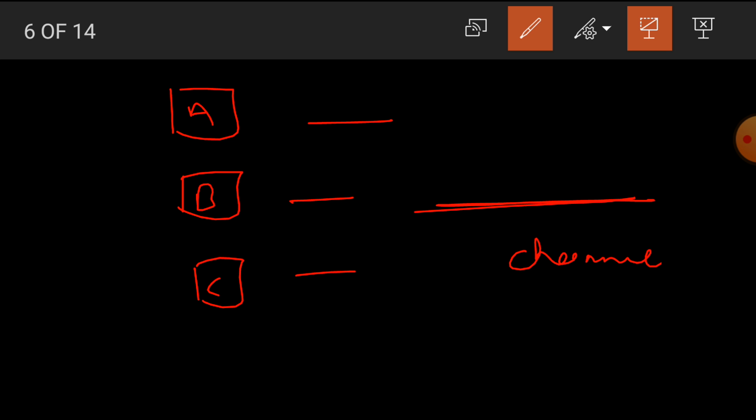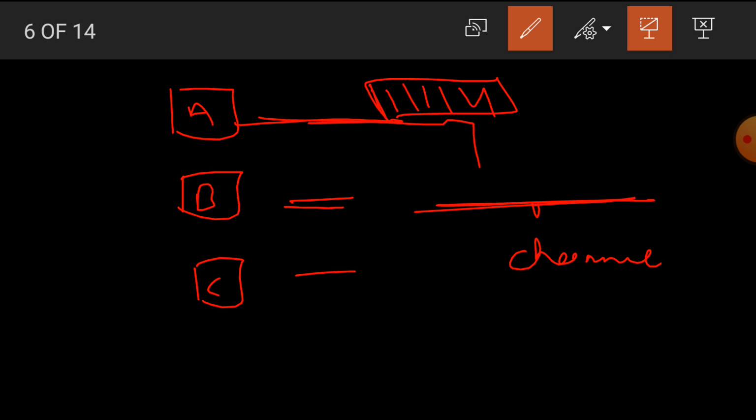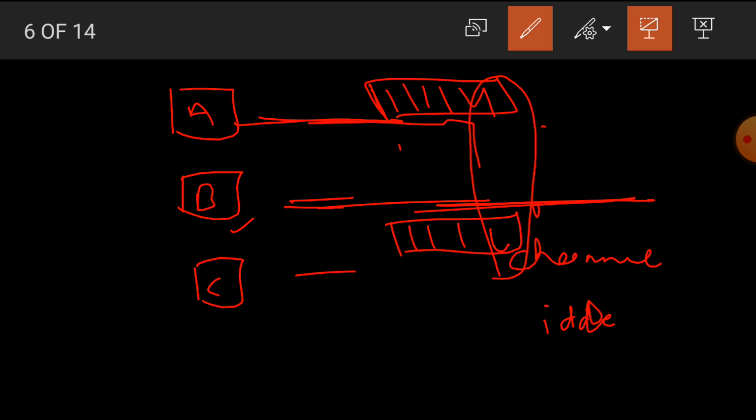If A senses the channel is idle, then A transmits the data frame towards B. If A has not completed its transmission and at the same time B finds the channel idle, then B transmits its data towards A. In this case, a data collision occurs.